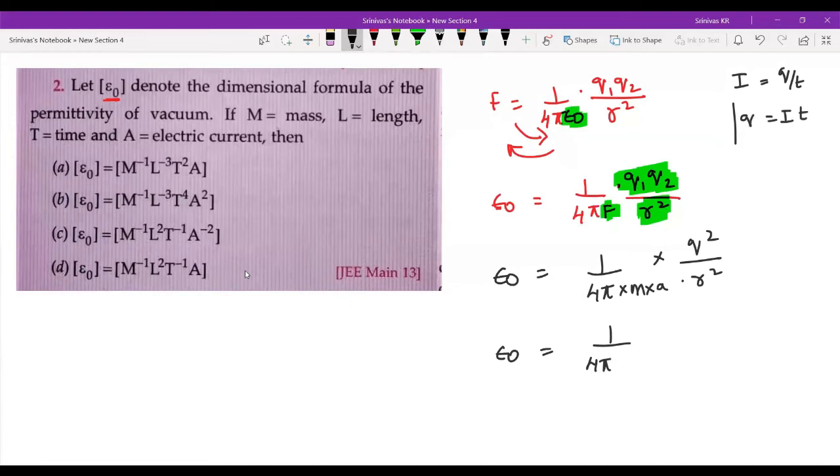So I is current, t is time, correct? So mass into acceleration into (I t) whole square, divided by r square.